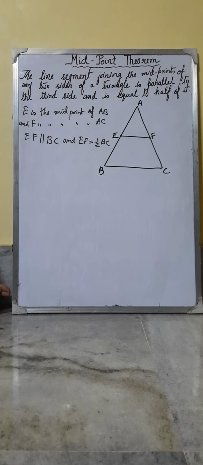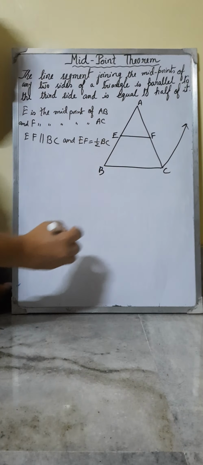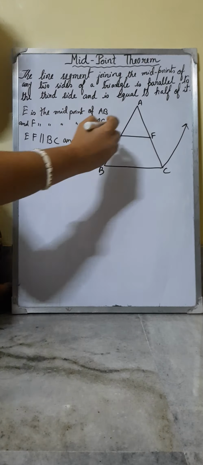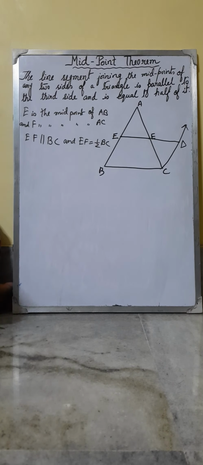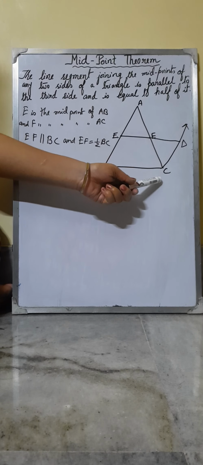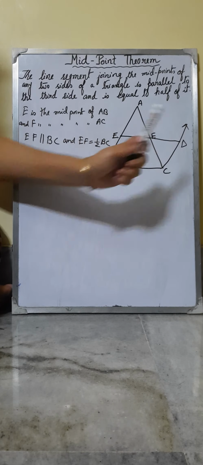For this purpose, we have to draw a line which is parallel to BA from C. If we extend the line segment EF, it joins this line at point D. That means first we have to draw a line from C which is parallel to BA, and the line segment EF joins this parallel line at point D.